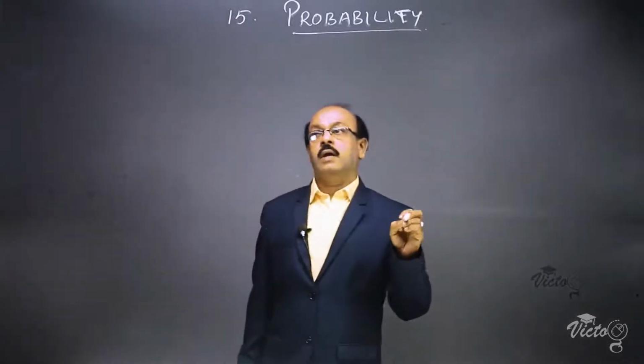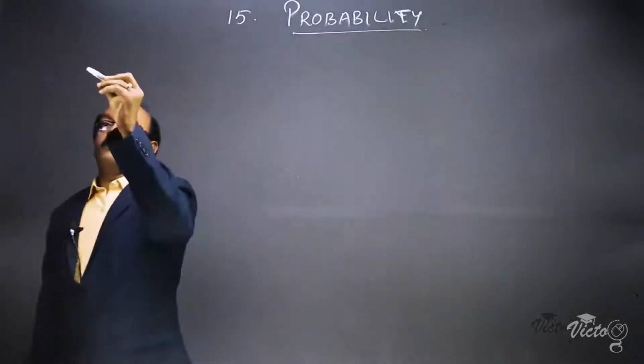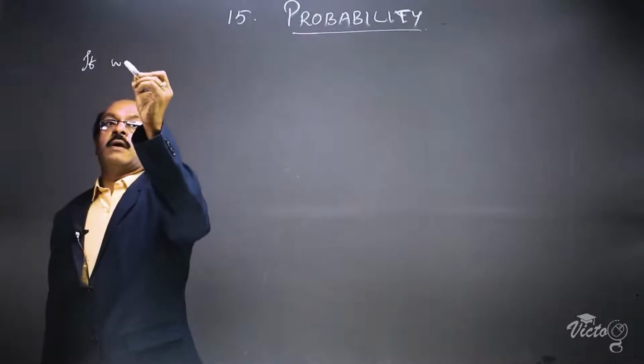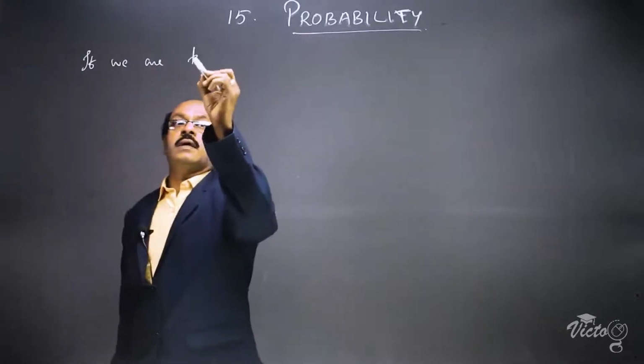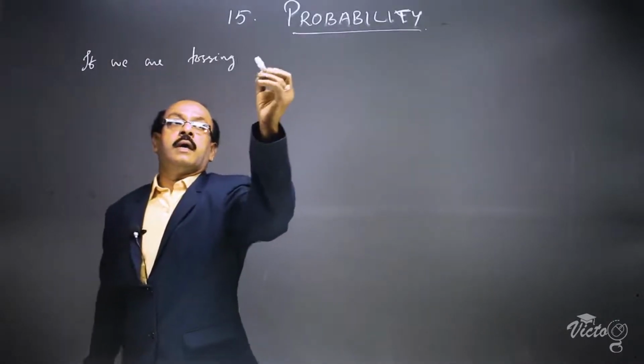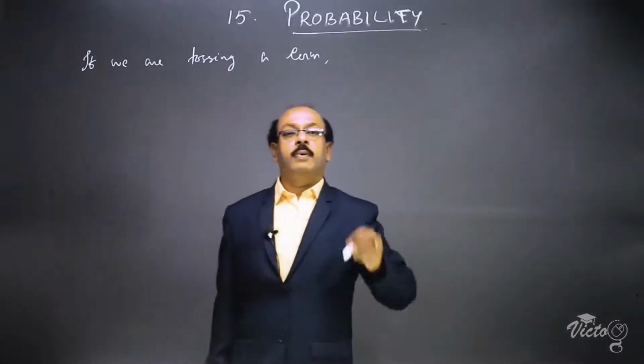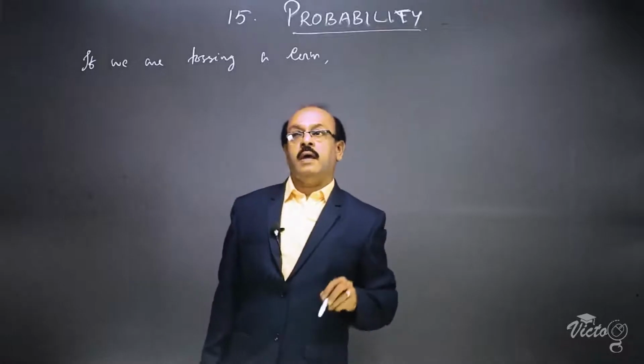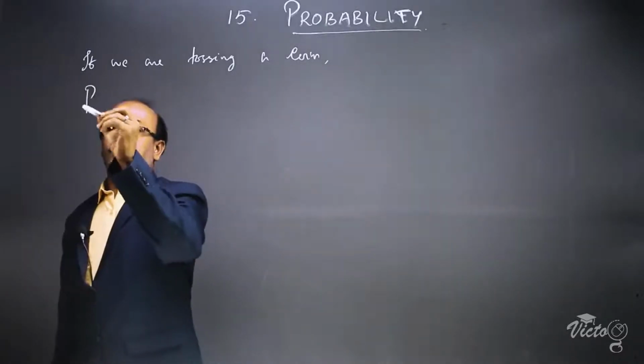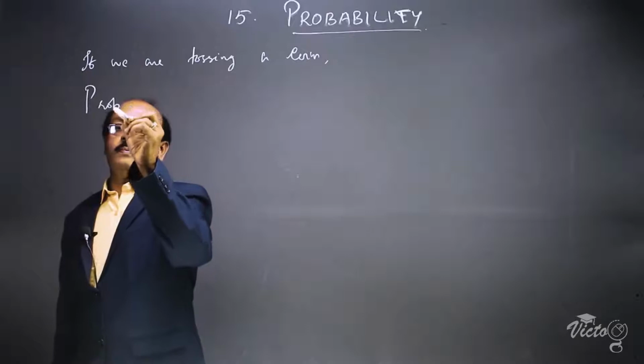If we are tossing a coin, we can find the probability of occurring a head.